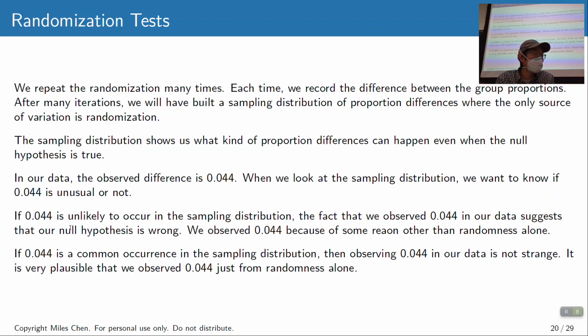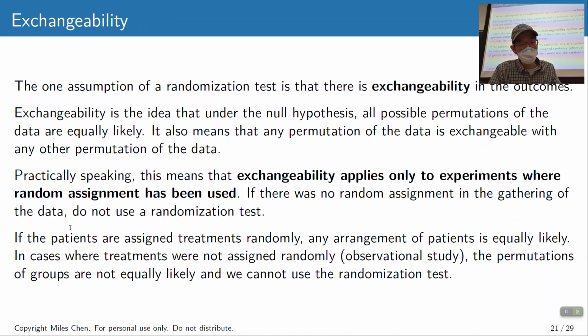But another possibility is that 0.044 is a common occurrence from randomizing. So we do the randomization process, maybe we get 0.044 quite a bit, and this result is not a strange thing. Then we would just say, well, maybe we got 0.044 from just randomness. And so we're going to do our randomization test. We're going to see what kind of results we get.